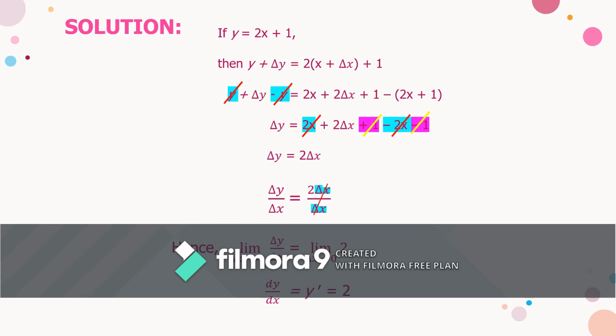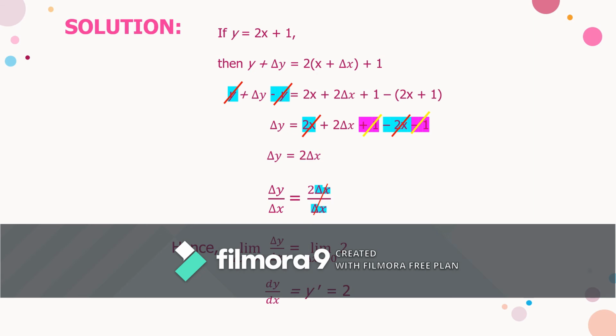Okay, you do it step by step to avoid mistakes. For the next step, distribute first the minus sign inside the parenthesis. So we will have minus 2x minus 1. So we just added to 2x plus 2 delta x plus 1 minus 2x minus 1.